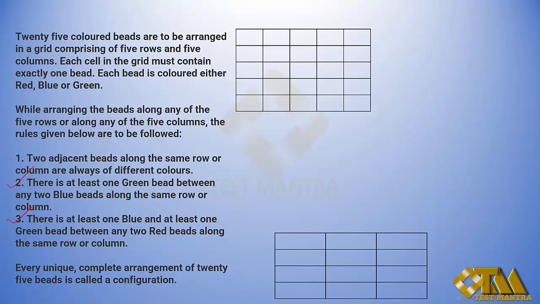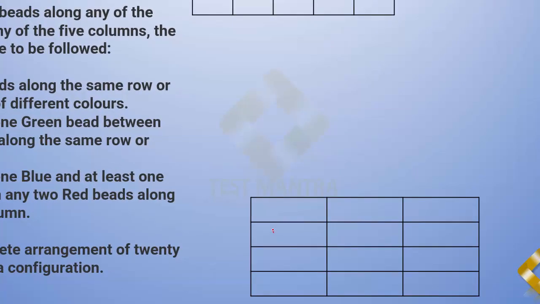So let's make a table here where I'll keep red, blue, green, and let's keep minimum and maximum. Right. So suppose I'm talking about red here, and I want to maximize the number of reds here. Let's try to find out.